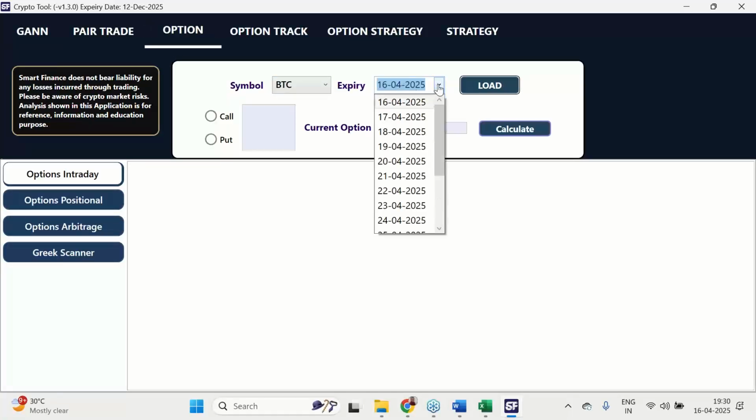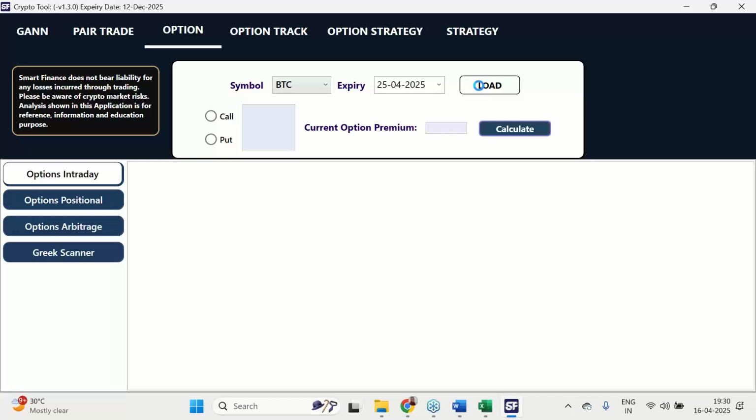The 16th is gone, so I am going for, say, the 25th of April, and the data is loaded. Calls appearing, puts appearing. Let me do some calculations. This particular put option I have chosen, why so far out of the money? I can go for the 90,000 put option, slightly in the money.